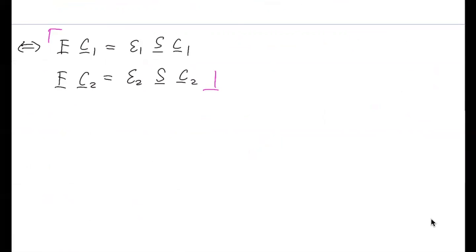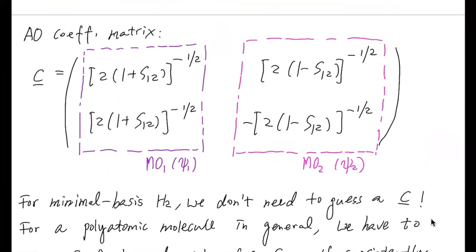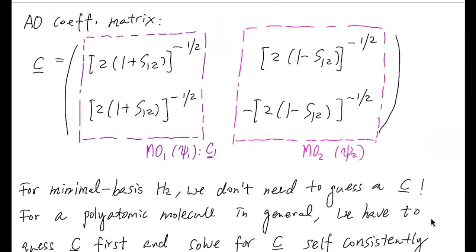So here, what is C1? C1 is just this part. This is the C1 column vector, which is, of course, a submatrix of the matrix C. What is C2?